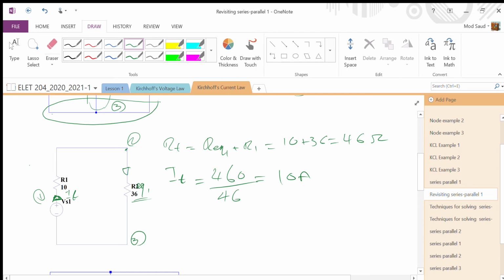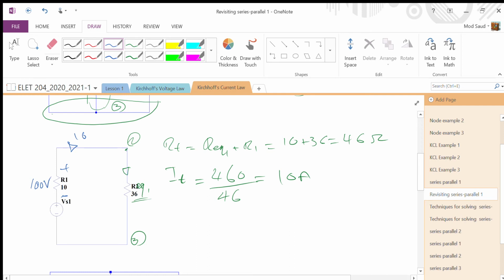The current here is 10 amps, flowing through R1, making a voltage drop of 100 volt.